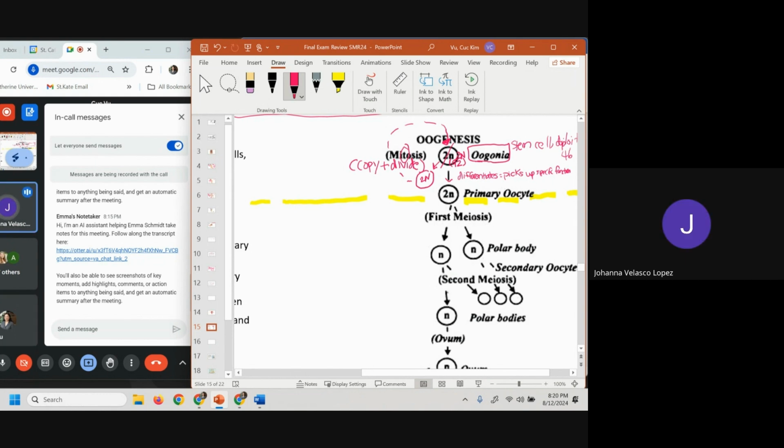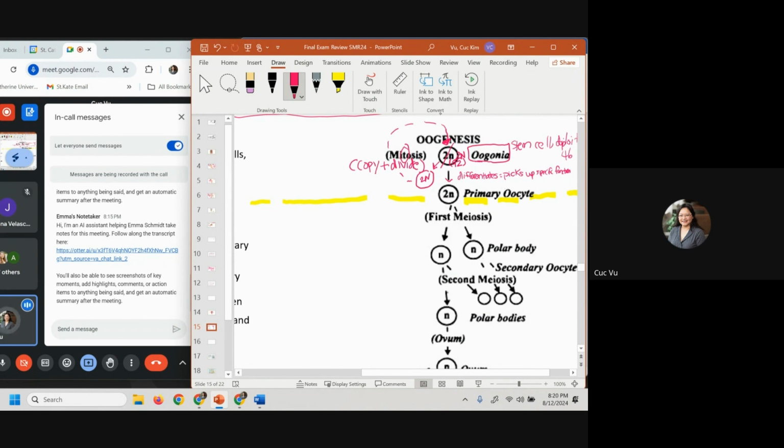Could you repeat that again? What part? The part where it copies and then it turns into a 2n, but then it goes back into mitosis? Sure. So you start off with an oogonia, which is a stem cell, and that stem cell is going to undergo mitosis, which copies and divides.